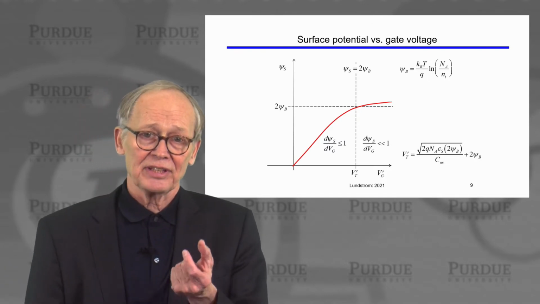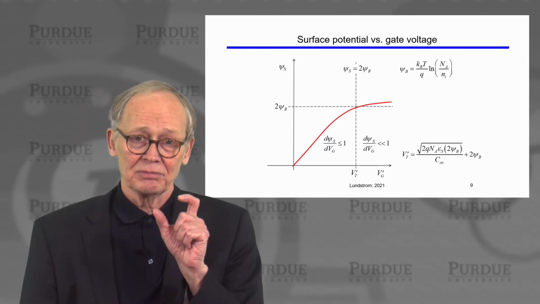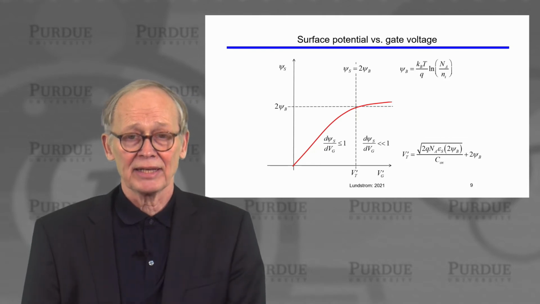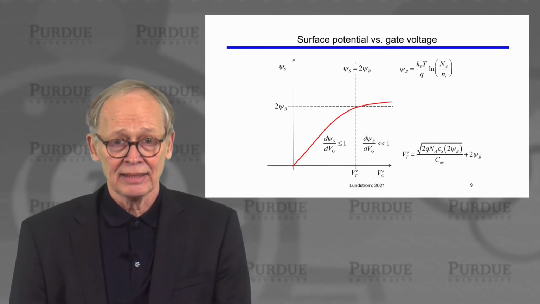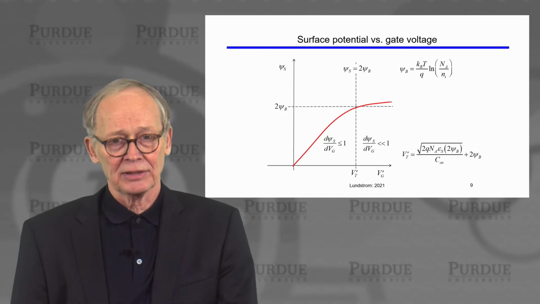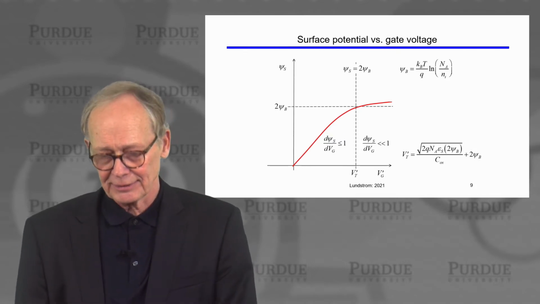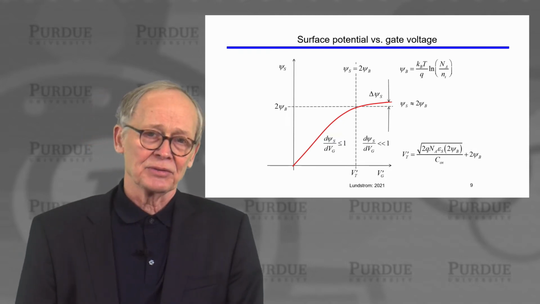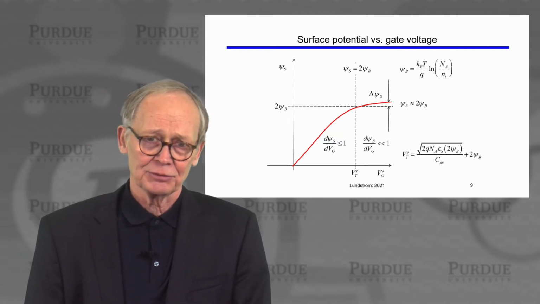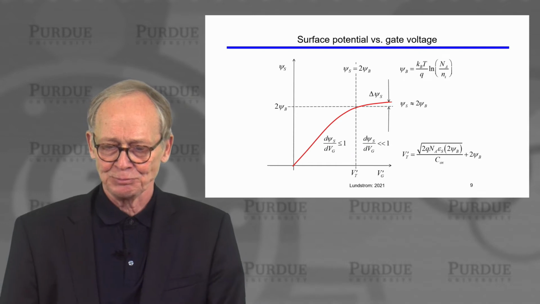The voltage drop across the oxide, which is charge in the semiconductor divided by oxide capacitance, is getting very big. All of this added gate voltage just increases the voltage drop across the oxide and doesn't do much with the semiconductor. So we can bend the bands a few kT, but not very much. It gets hard to bend the bands.